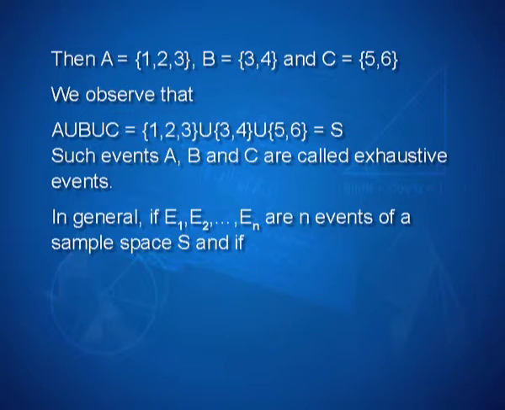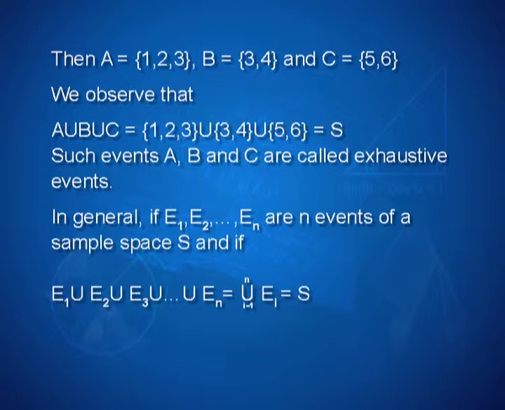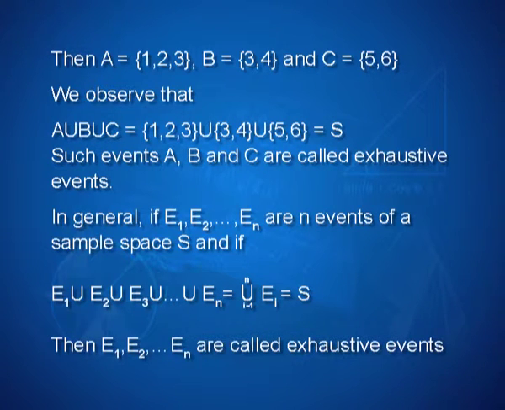In general, if E1, E2 and so on up to En are n events of the sample space S, and if E1 union E2 union E3 union so on union En, that is, the union of Ei from i equal to 1 to n, is equal to S, then E1, E2 so on En are called exhaustive events.